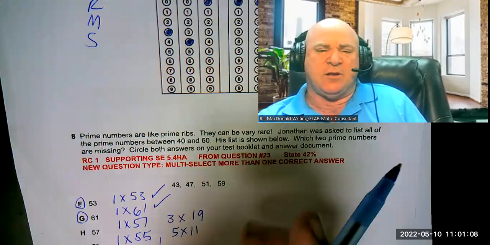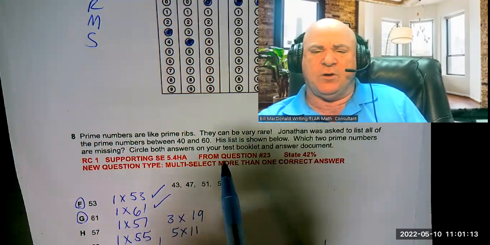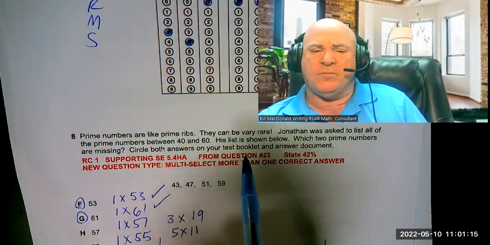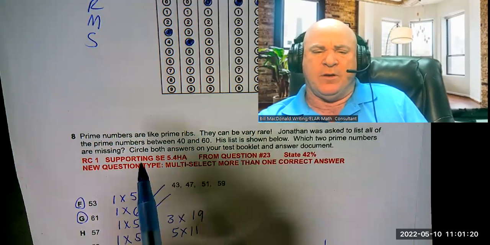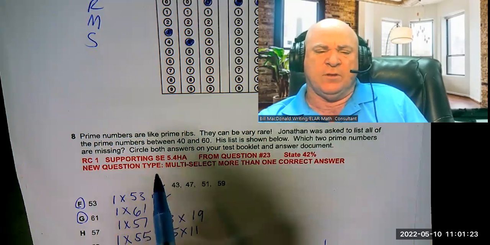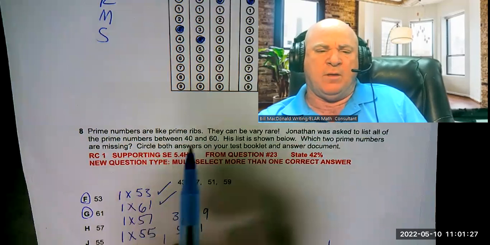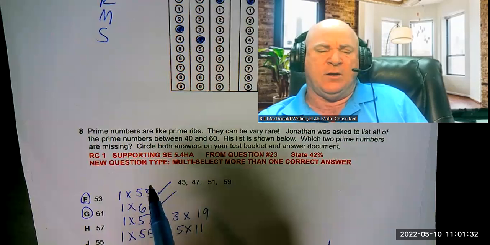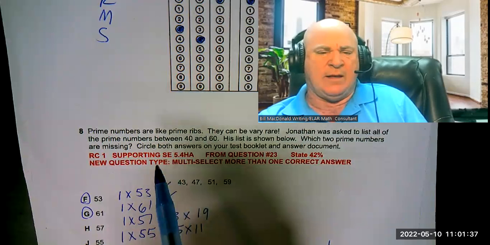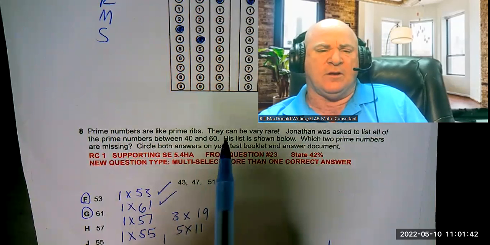Jonathan was asked to list all of the prime numbers between 40 and 60. His list is shown below. Which two prime numbers are missing? So we want to practice multi-step when there's more than one correct answer. So you would be circling more than one. And I already have a program where I'm going to be giving you tests now in the new online format where you can do multi-answers, short answer, fill in the blank, lots of variations of tests.